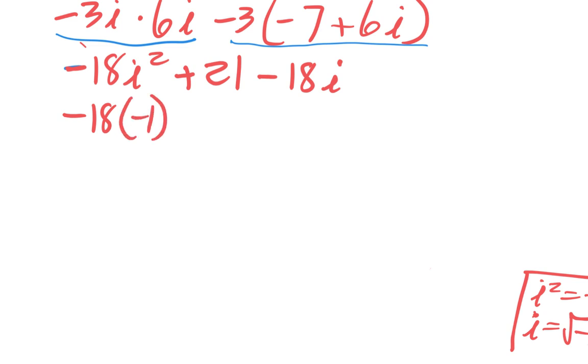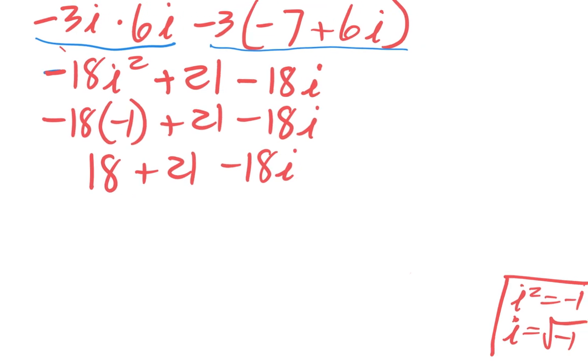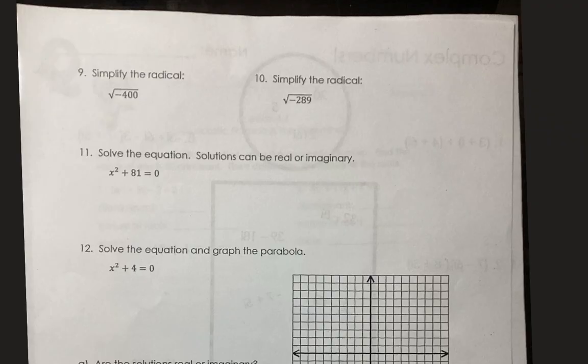I have -18 times -1 plus 21 minus 18i. -18 times -1, that is a positive 18, plus 21 minus 18i. Combine my like terms. And 18 plus 21, that is 39 minus 18i. I cannot combine any of those. So 39 minus 18i, that should be my answer, which you see right there.